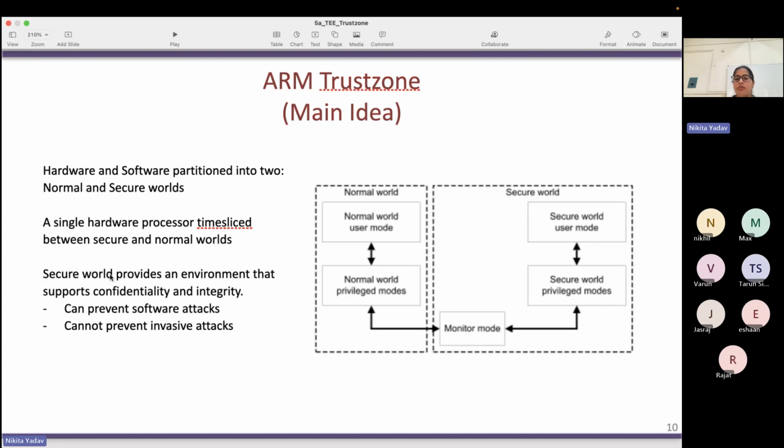Now, the secure world provides an execution environment that supports confidentiality and integrity, meaning that it can prevent software attacks.